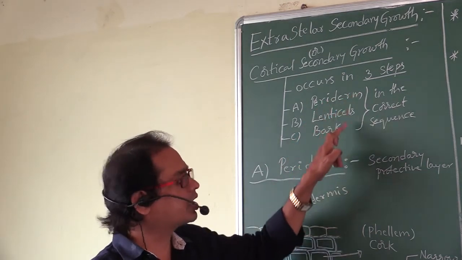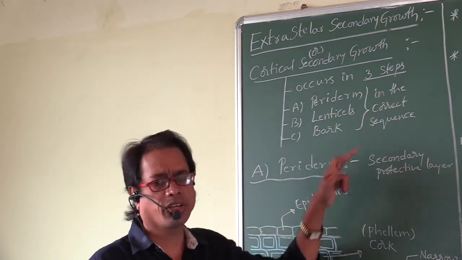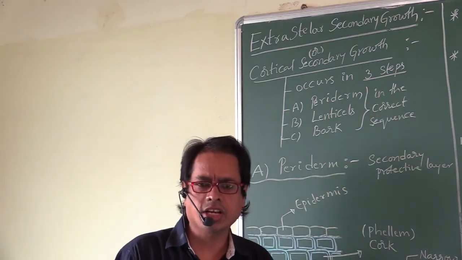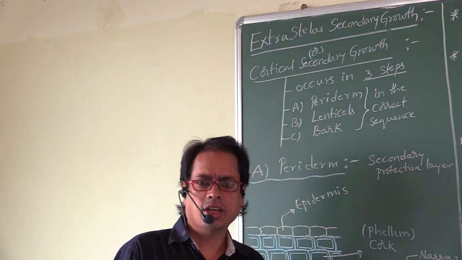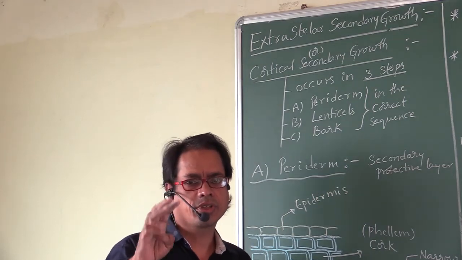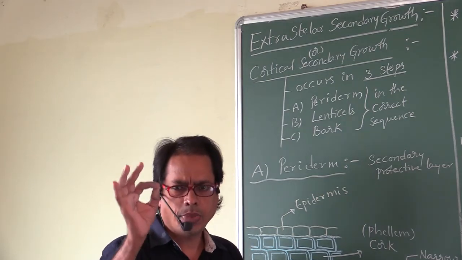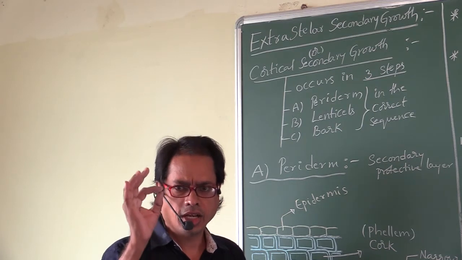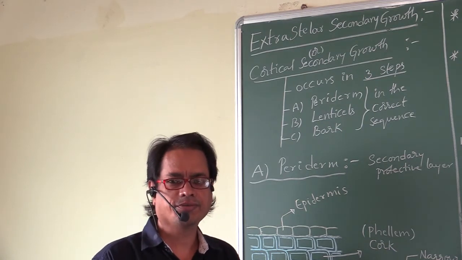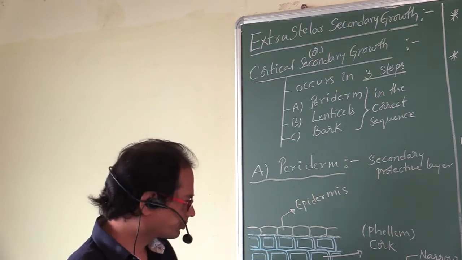We have to say these 3 events in the correct sequence. So extrastelar secondary growth occurs in how many steps? 3 steps. That is A, periderm, B, lenticels, C, bark.